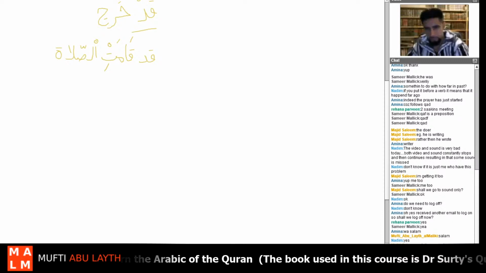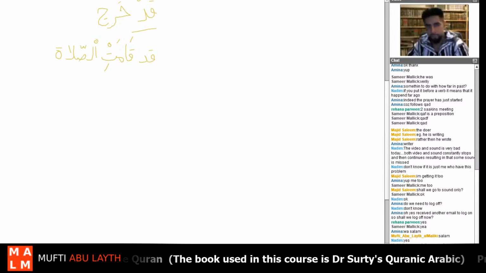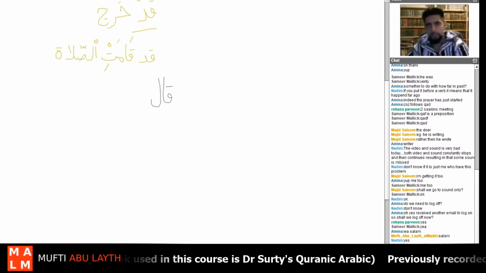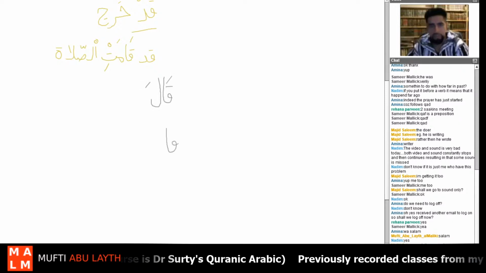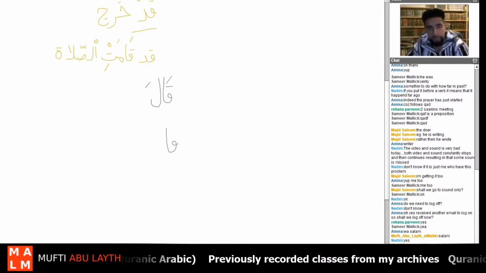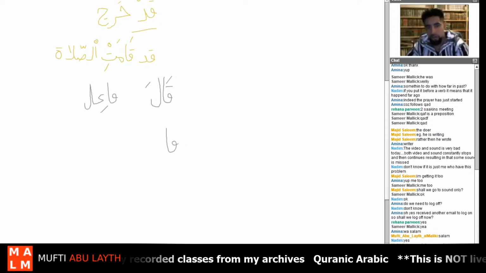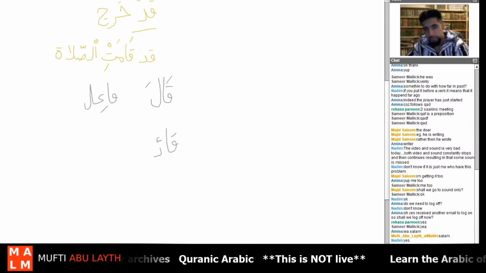So if we take qala as an example, he said. Now, we leave the alif, which is normal. This is the template we're normally going by, fa'ilun, the doer. Now, we've got the fa, the qa, but we don't have a hollow letter here, so we don't have an ayn to put there. So what we do is we add a hamza.